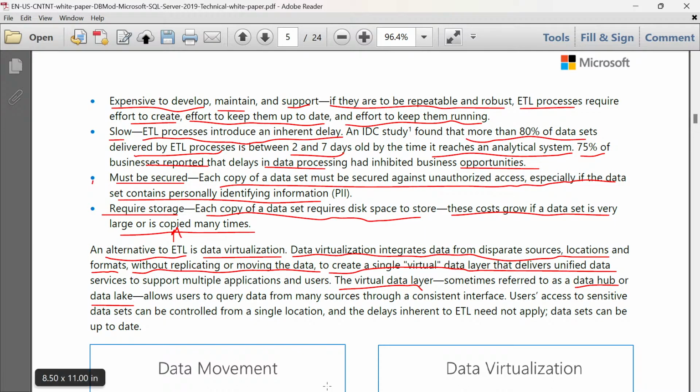They have been given a name as per the use, as data hub or data lake. They allow users to query data from many sources through a consistent interface, like the interfaces which help you pass on the TSQL statements or commands, like the query editors, which will be discussed in later sessions. All right.